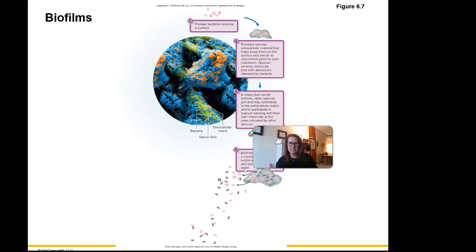You can see in many, but not all, biofilms, other species join and may contribute to this extracellular matrix and even participate in foraging and sensing environments for them to move into. And then lastly, we get some accumulation of other kinds of organisms building part of it. You can see in step 4, biofilms serve as a constant source of bacteria that can escape and become free living.